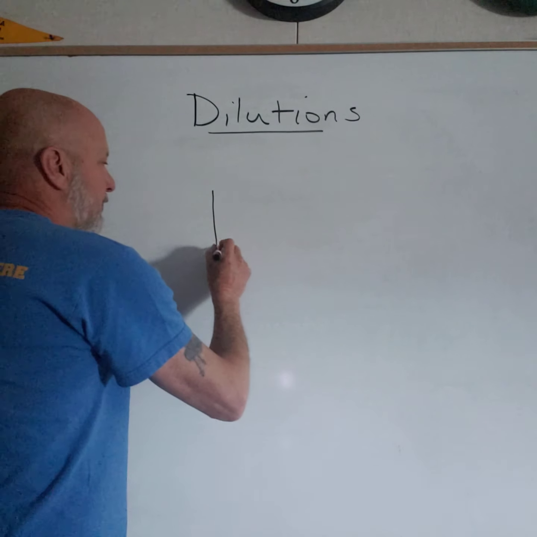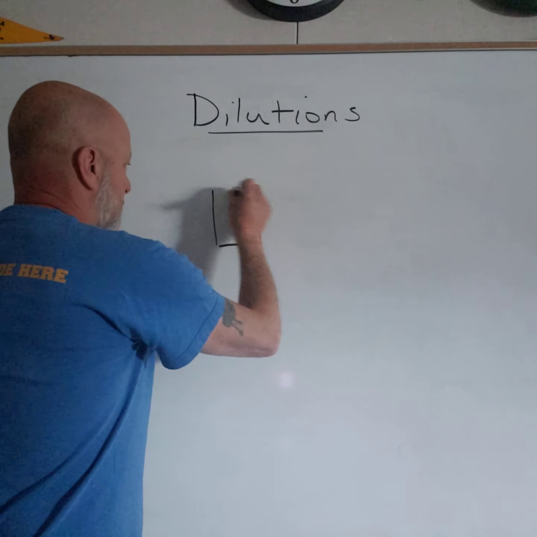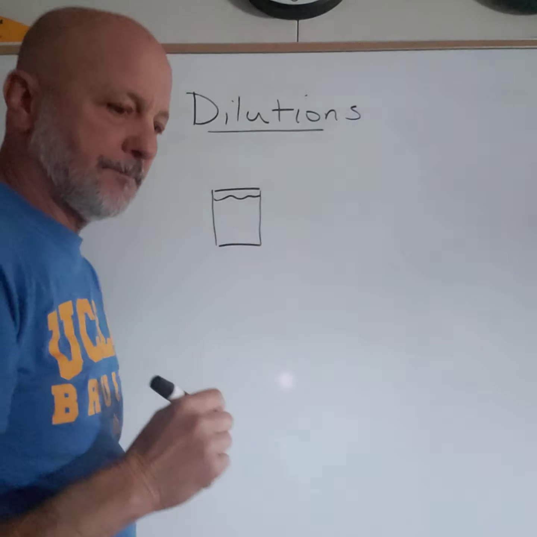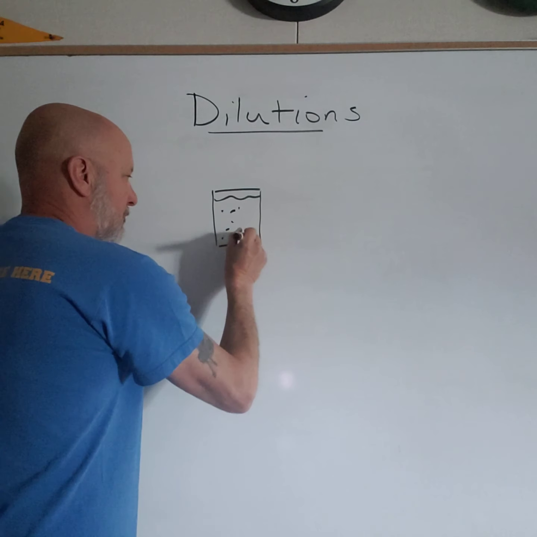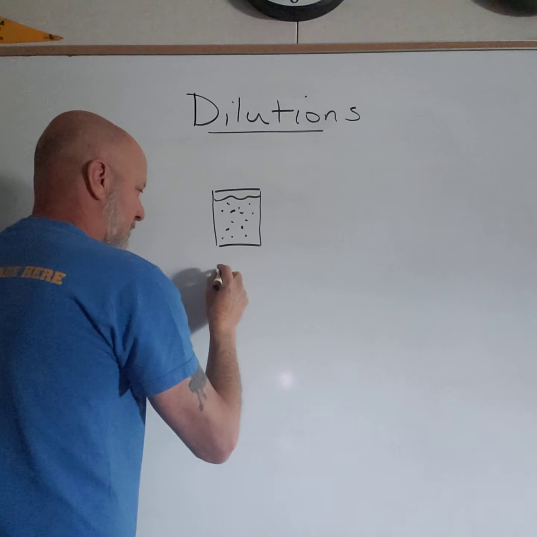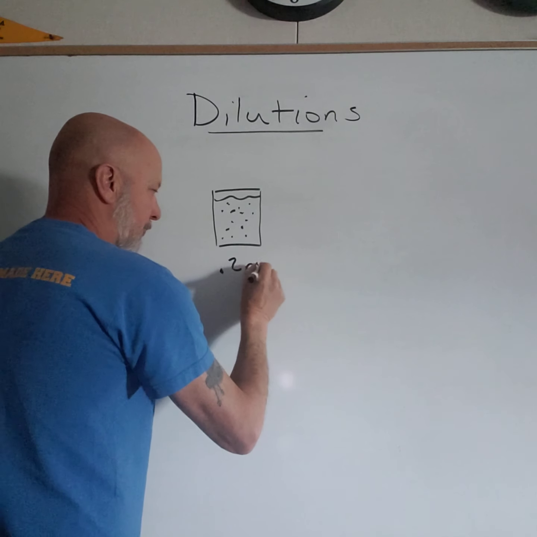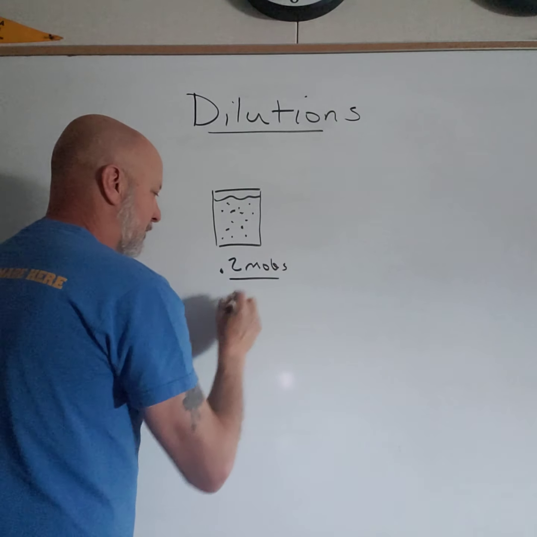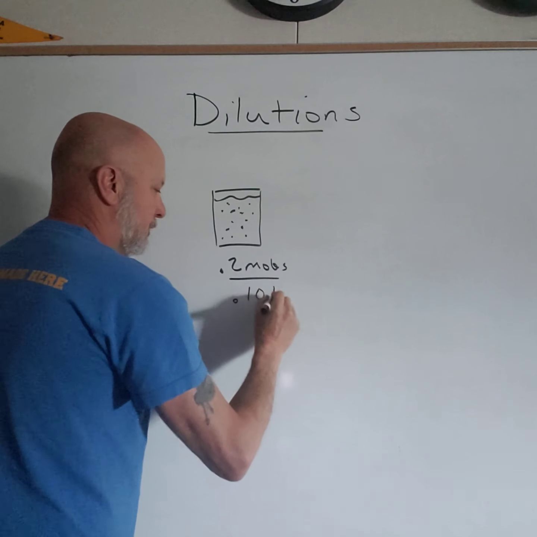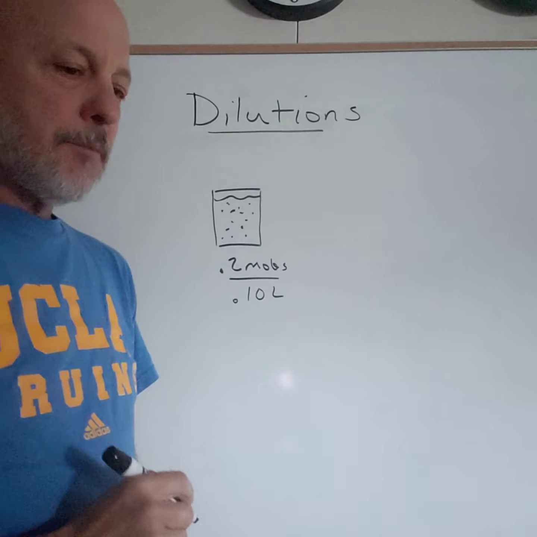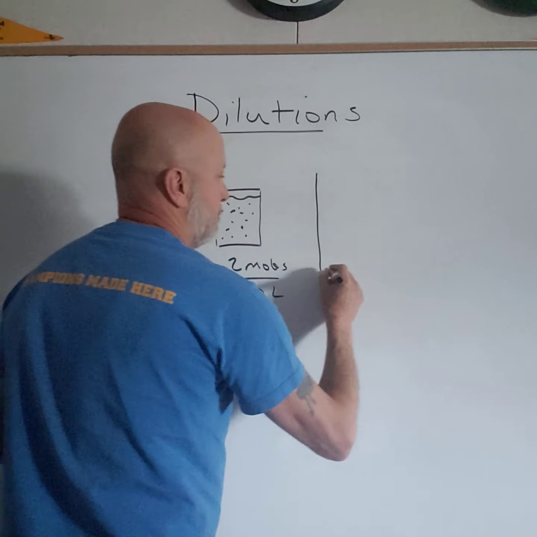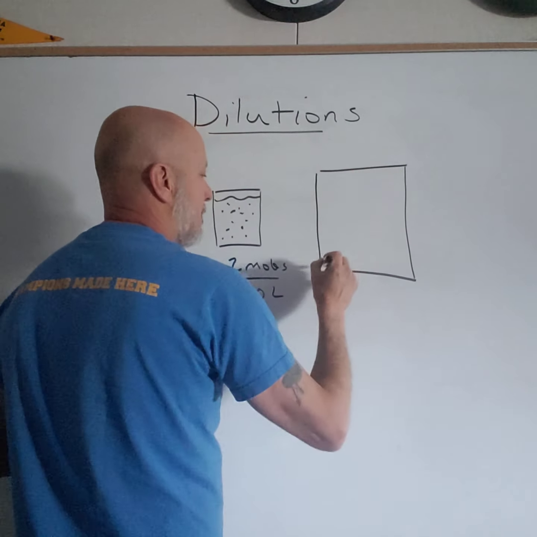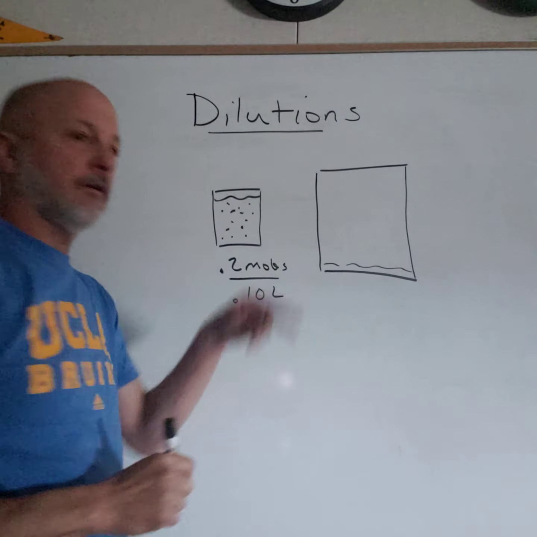So let's say I'm going to take this 100 milliliters of my concentrated solution, 0.2 moles in 0.10 liters. I'm going to take that and I want to dilute it down. I'm going to put it in a much bigger beaker, so it'll only be down there.